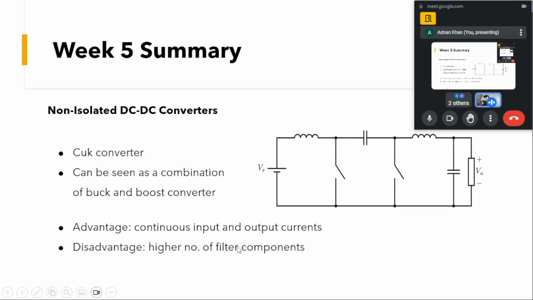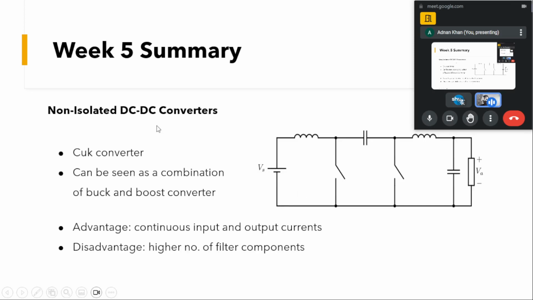That is the disadvantage here, but the advantage is continuous input and output current in the Cuk converter. So we can use a circuit like this Cuk converter in an application where we want a smoother input current.